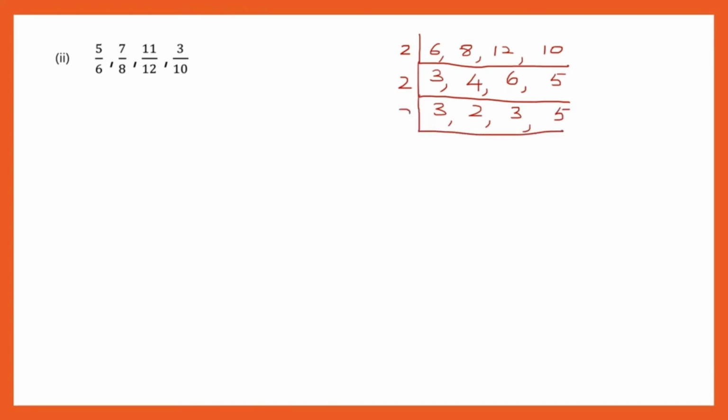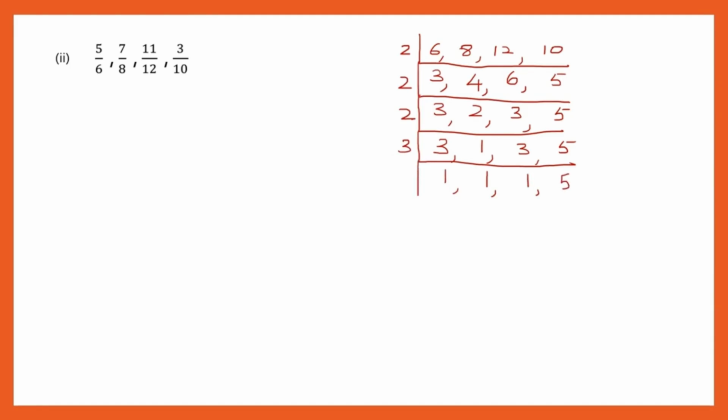I continue with 2. I bring down 3. 2 1s are 2. I bring down 3 and also 5. Now I can't divide with 2 anymore because there are no numbers there that are divisible by 2. Let me take 3. 3 1s are 3, I bring down 1, 3 1s are 3 and I bring down 5.